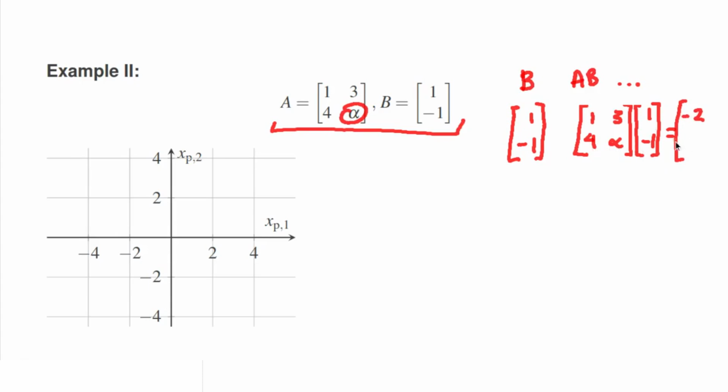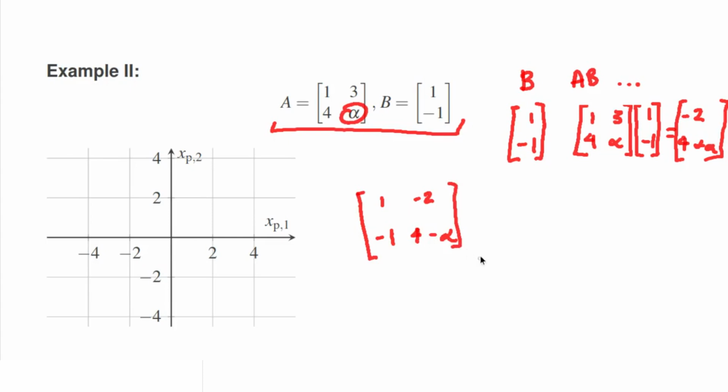So those are the two entries in the sequence, and to build the controllability matrix, all we have to do is slot these into the matrix as follows. In the first column, we put 1, -1, and in the second column, we put -2, 4 minus alpha.